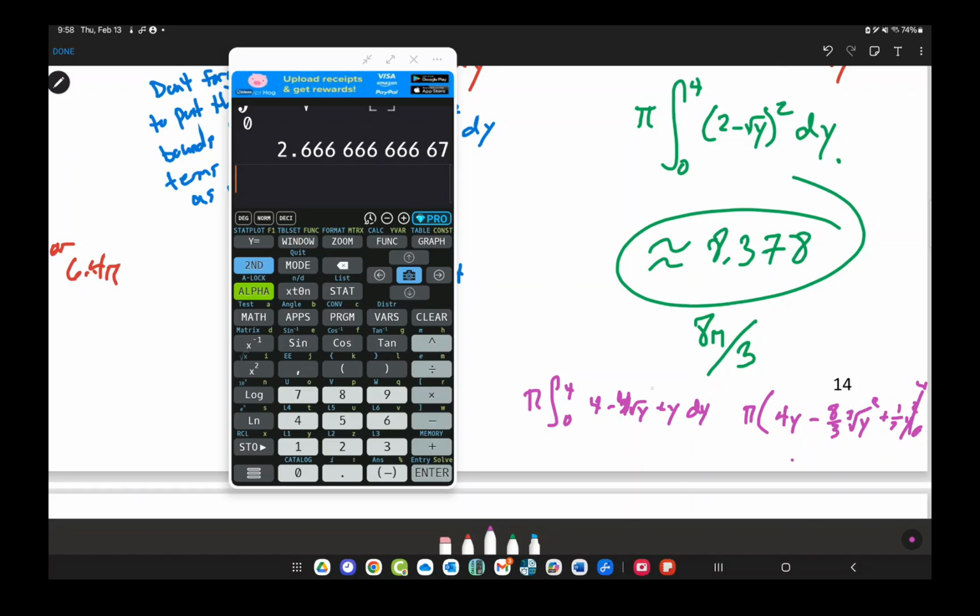This is still to the 3 halves, so this is square root of cubed. So if you plug in 4 minus 8 over 3 times 8 minus 8.